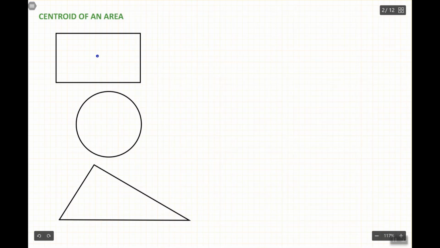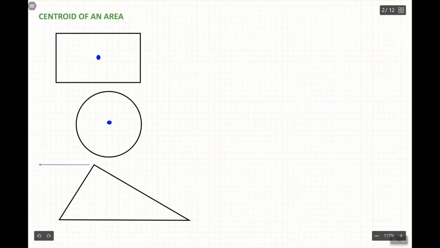For a rectangle and for a circle, the center is easy to find, and we know that from geometry. It's nothing complicated. For a triangle, maybe it's new for some of you.